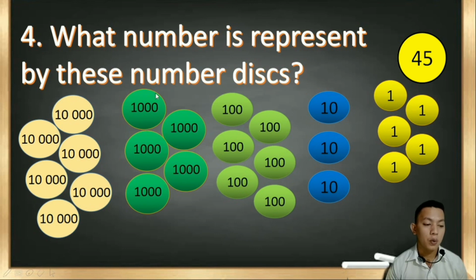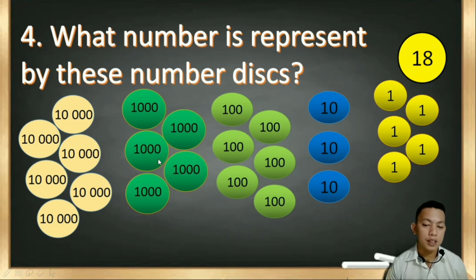This for 1,000. And we have 1, 2, 3, 4, 5, 6. 6 disks for 100. And 3 disks for tens. And 5 disks for ones. So you're going to find the number.